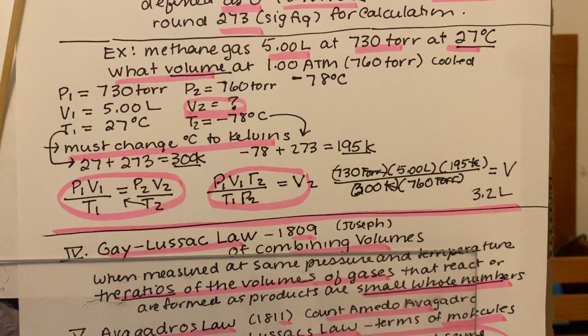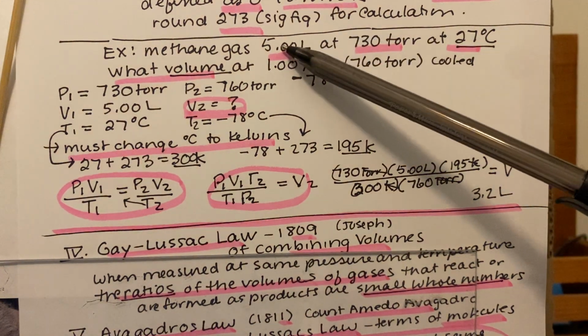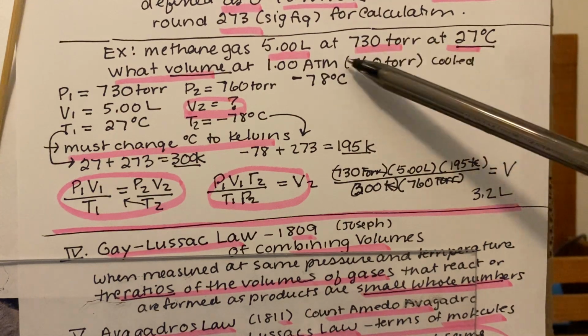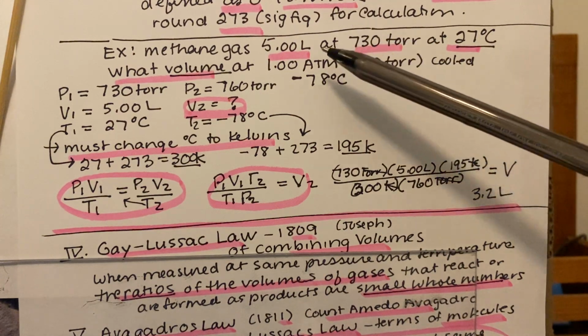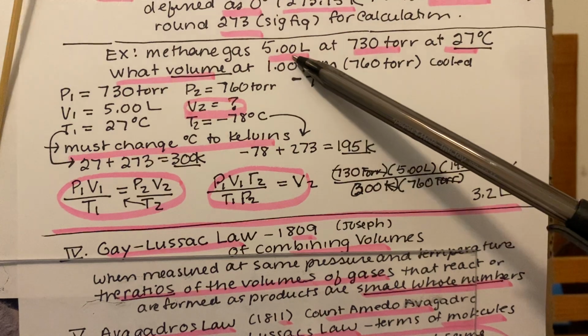What volume will it occupy at 1 atmosphere, which is 760 torr, when cooled to the temperature of dry ice, negative 78 degrees? It looks complicated, but all we have to do in any of these problems, and you'll have them on the test, is make sure we put each value into the right category, whether it's P, V, or T.